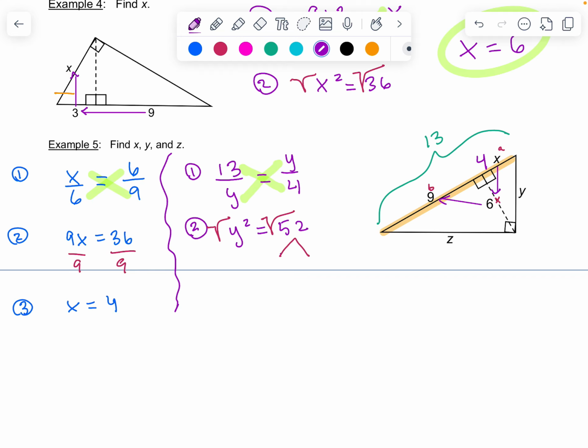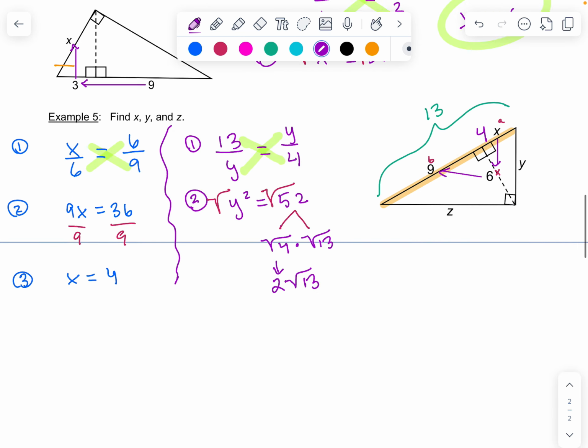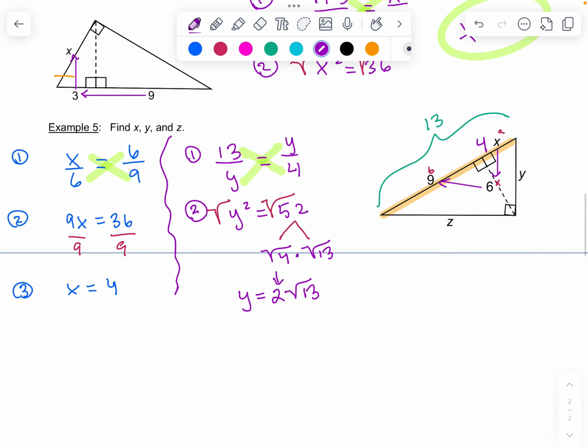So it should help us to simplify this one because I know the square root of 4 times the square root of 13 is going to give me the square root of 52. Square root of 4 is 2, and the root 13 just drops down. So our y is going to equal 2 root 13. And we'll go ahead and circle this other answer while we're at it.